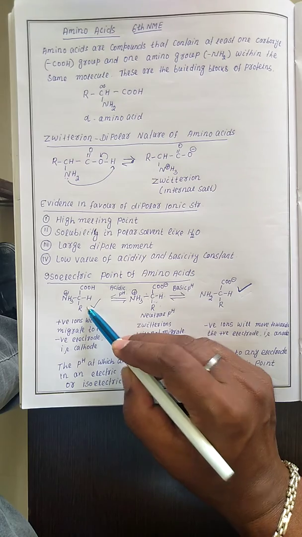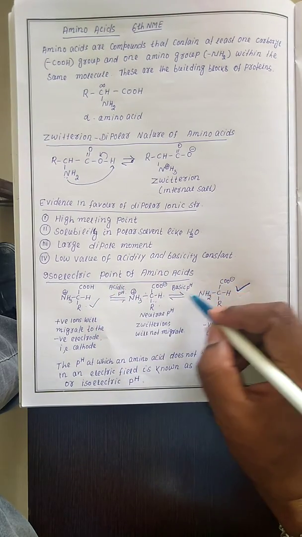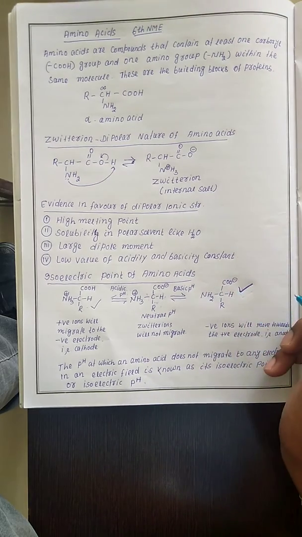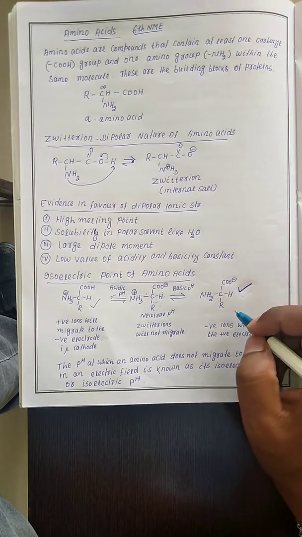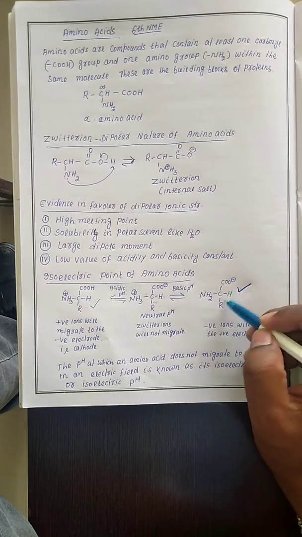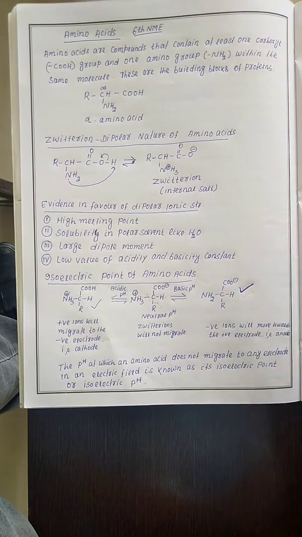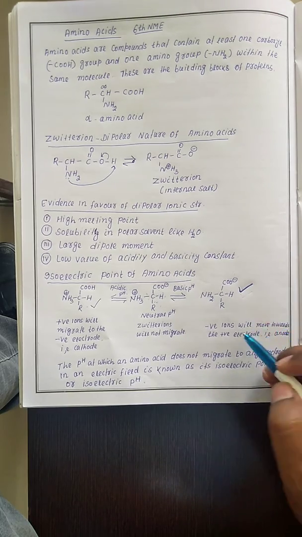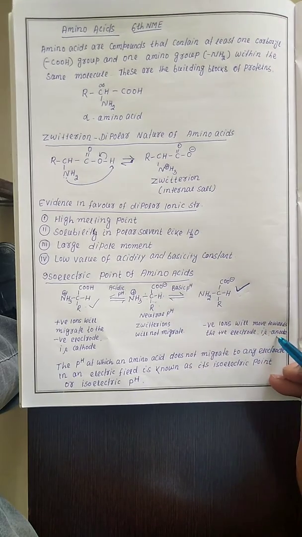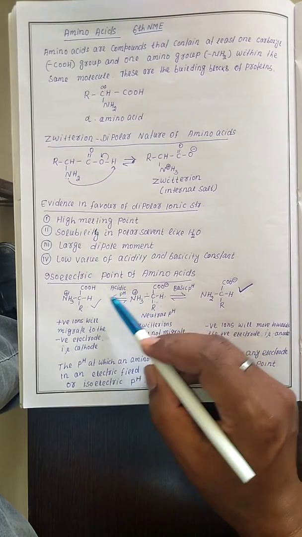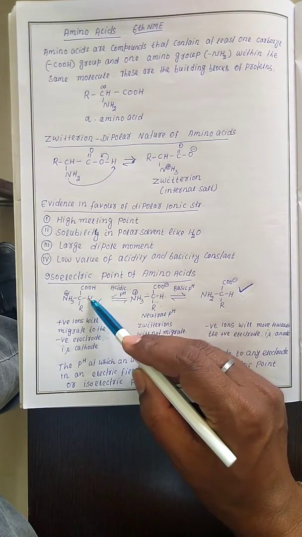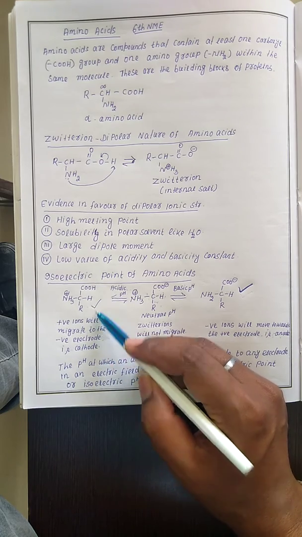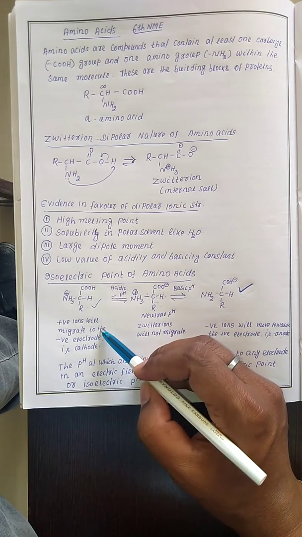Then if you apply an electric field, in basic pH the anion will move towards the anode, because it is negative, so it moves towards the positive electrode. In acidic pH, this is a cation, and it will move towards the cathode.